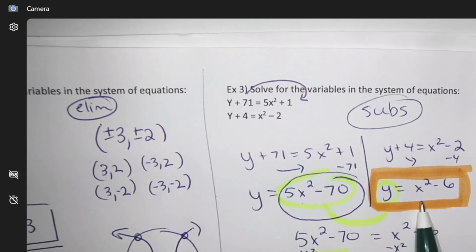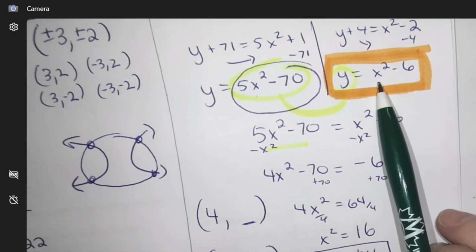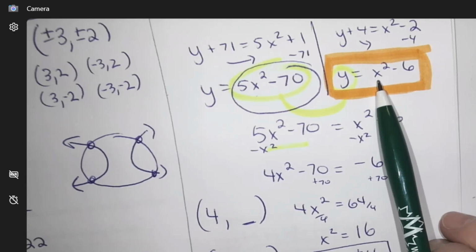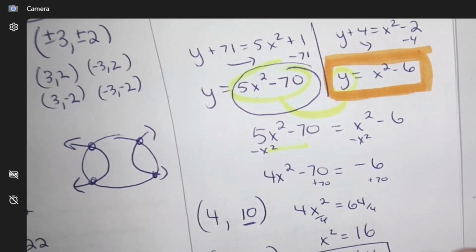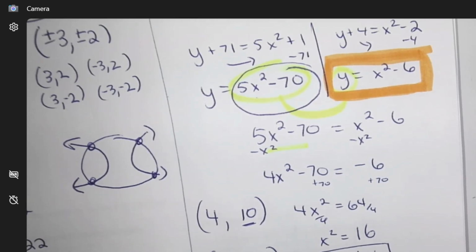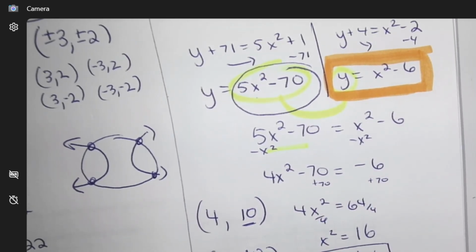This one looks easiest to plug in. Okay, here we go. What is 4 squared in your head? 16, subtract 6, 10. And this is actually also 10.